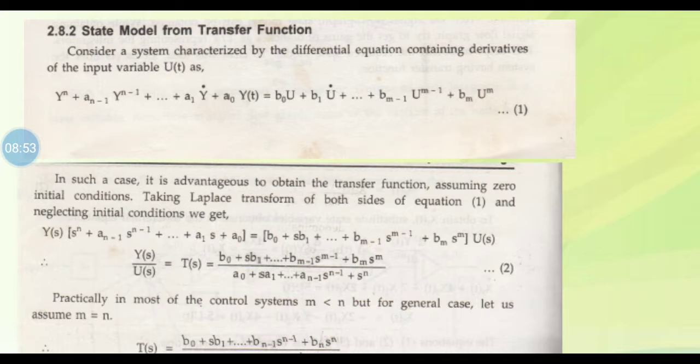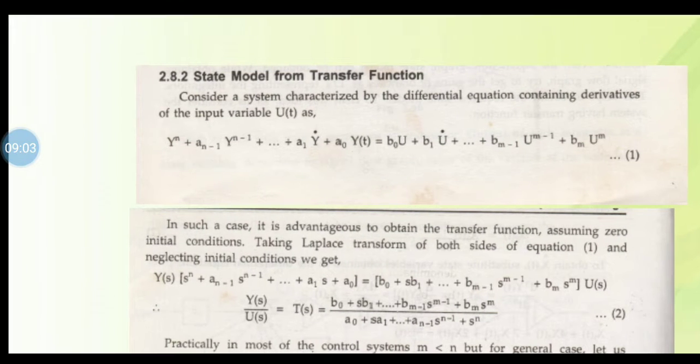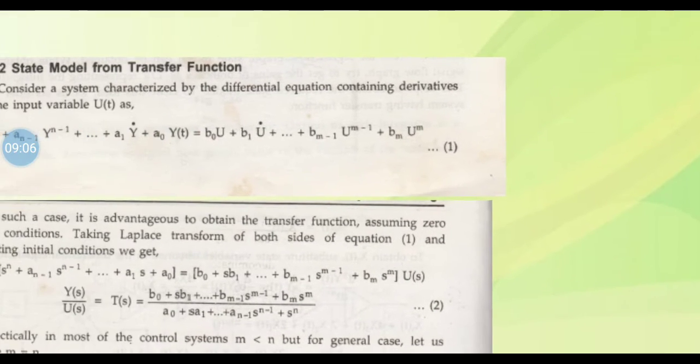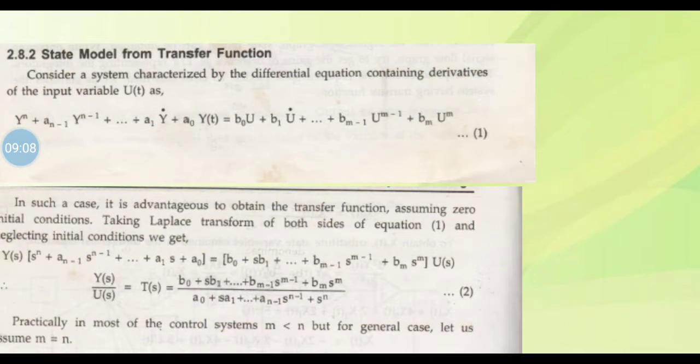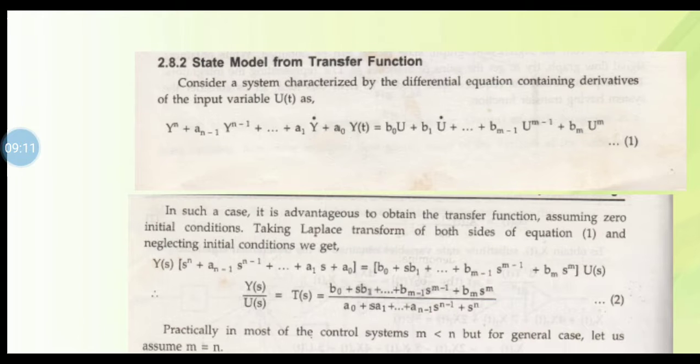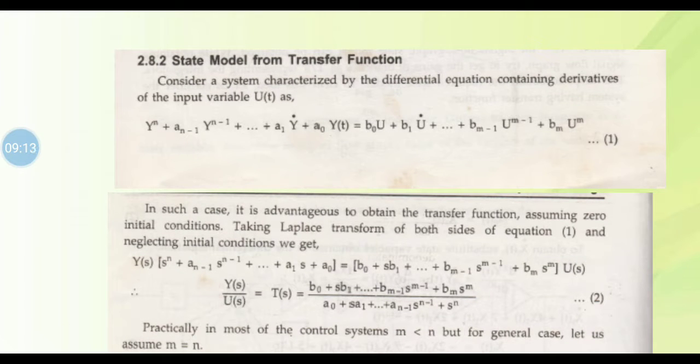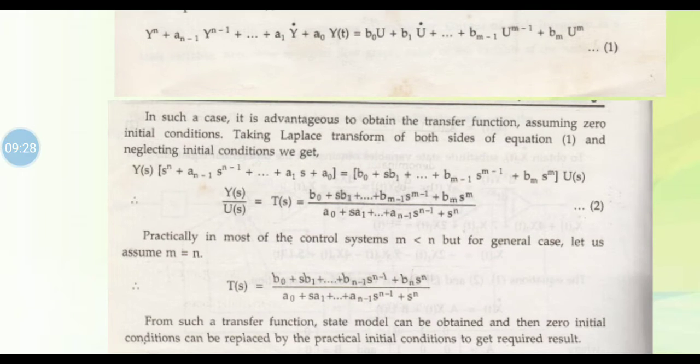We will consider a system which is characterized by the differential equation containing derivatives of the input variable u of t as y raised to n plus a n minus 1 y raised to n minus 1 and so on, plus a1 y dot plus a naught y of t is equal to b naught u plus b1 u dot plus bm minus 1 u raised to m minus 1 plus bm u raised to m.